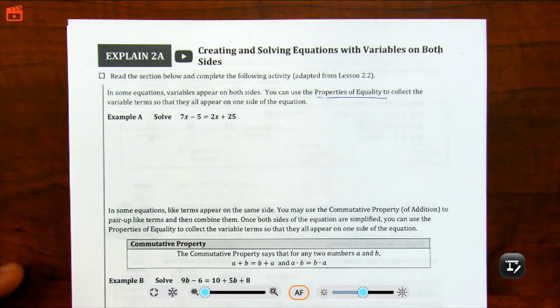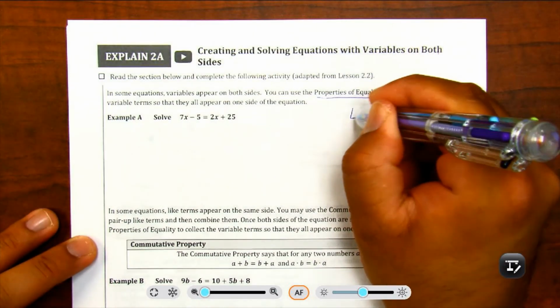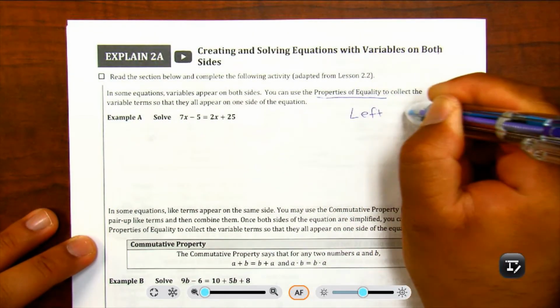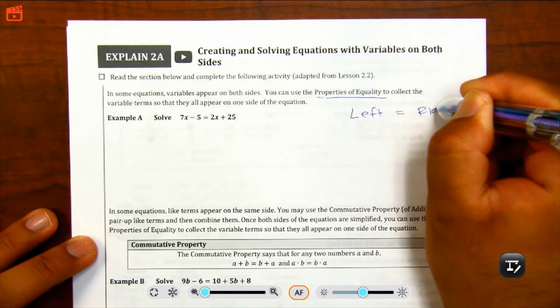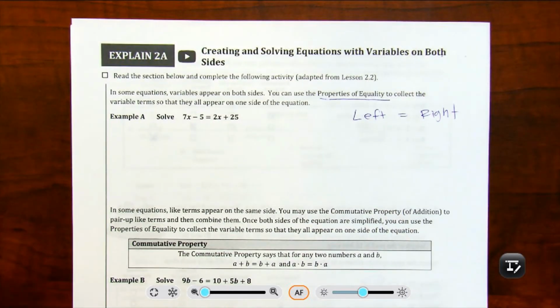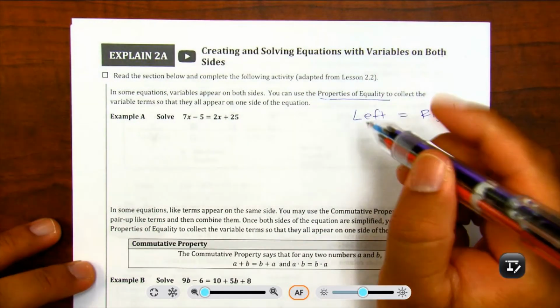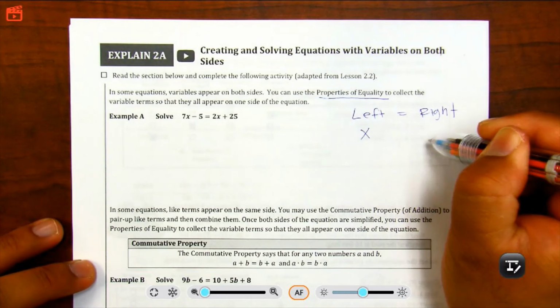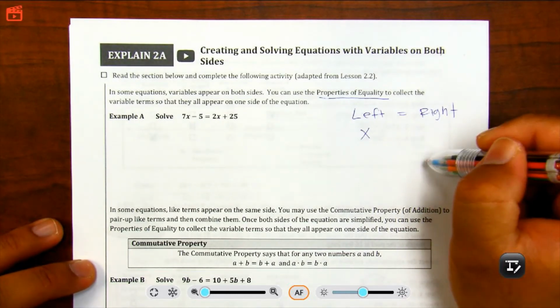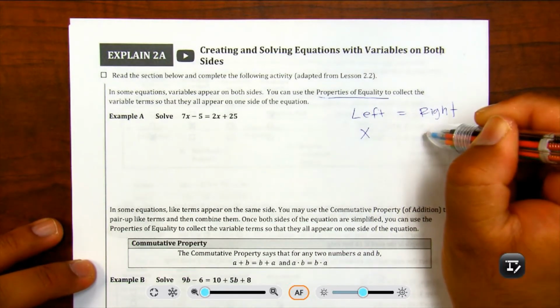So on the side here, I'm going to just write left is equal to the right. Now, on the left side, I want the x, and on the right side, I want the number.